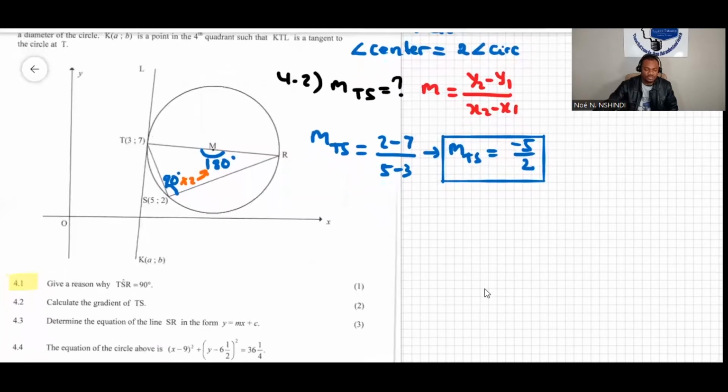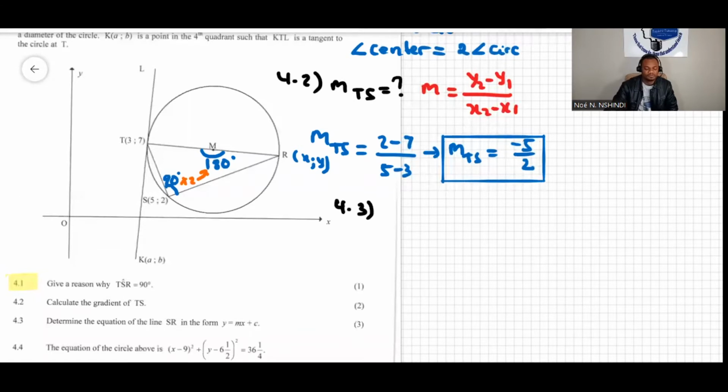The question says, determine the equation of the line SR, the equation of this line over here. When I look at S, I can see the coordinates of S are 5 and 2, and the coordinates of R are not given, so I'm just going to say xR and yR. Let's first start by writing the question here, 4.3.